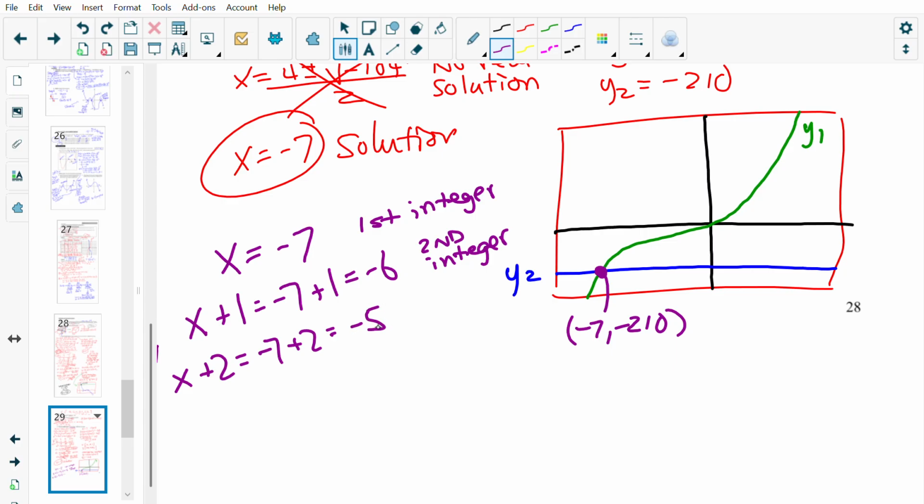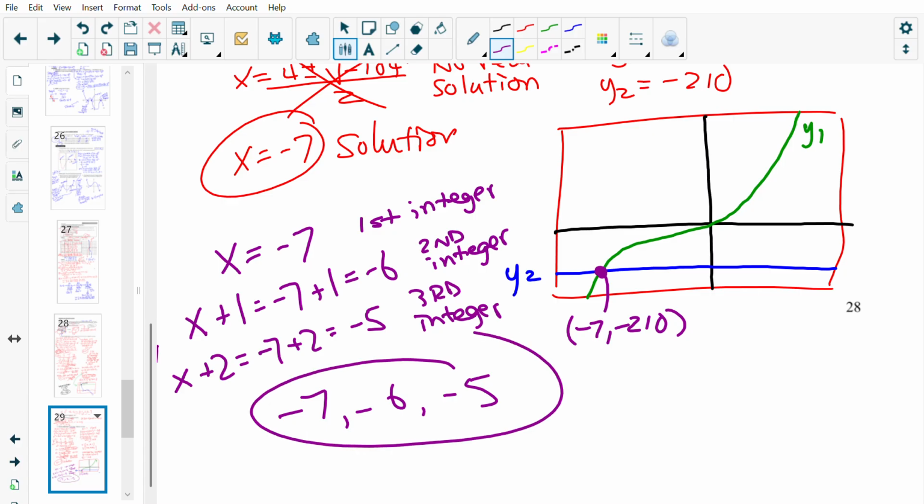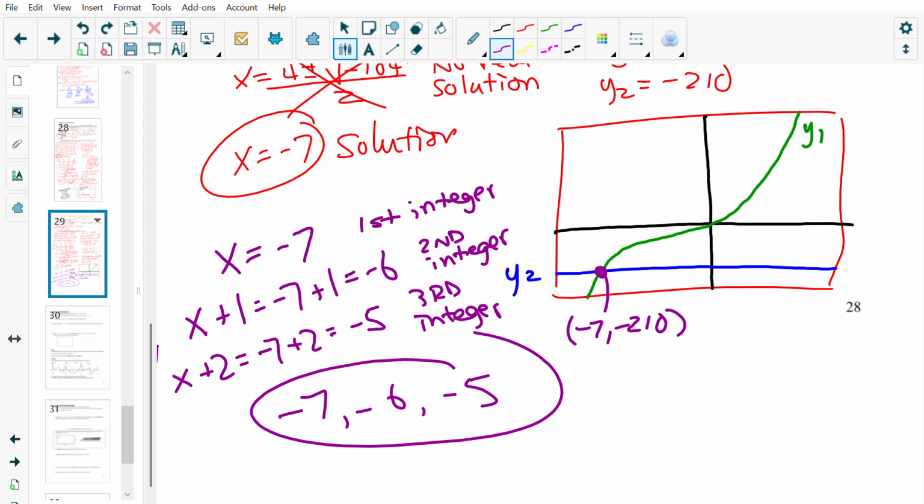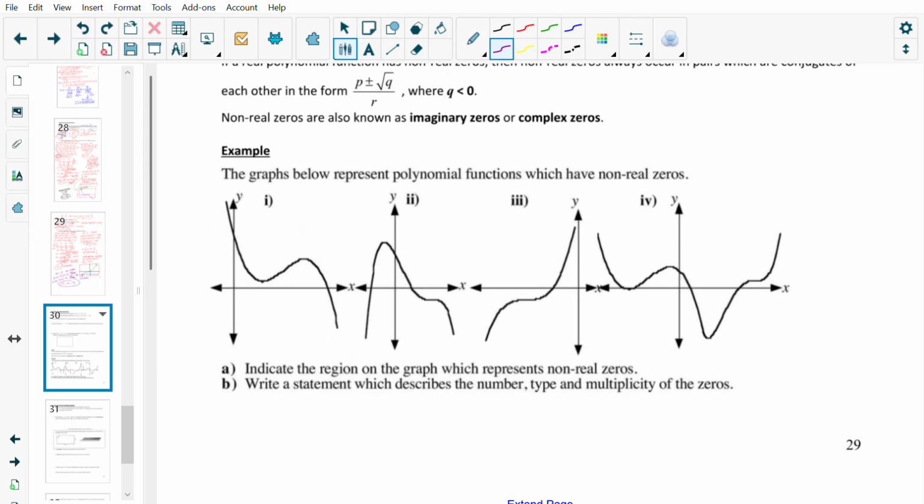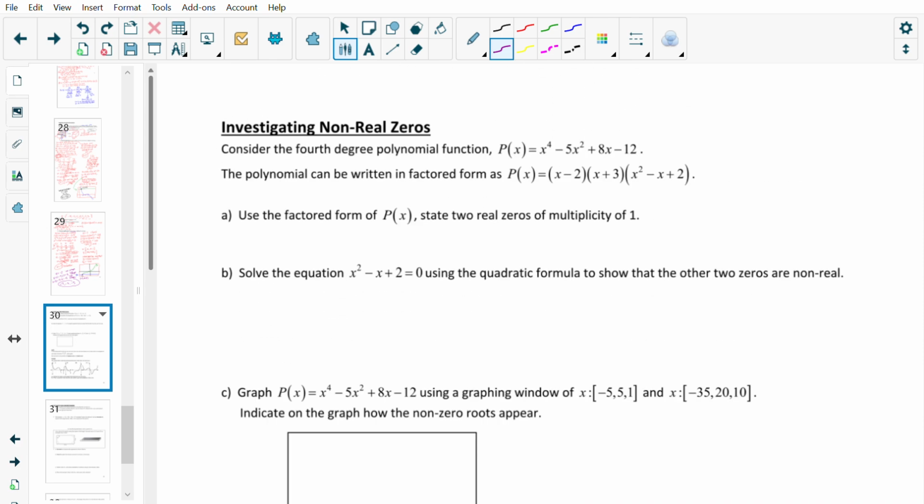And x plus 2 equals -7 plus 2 equals -5. That's my third integer. Okay, -7, -6, -5. Okay, I lied. This is actually the last example.